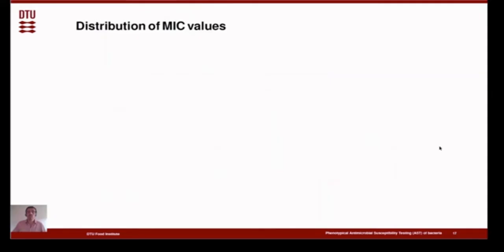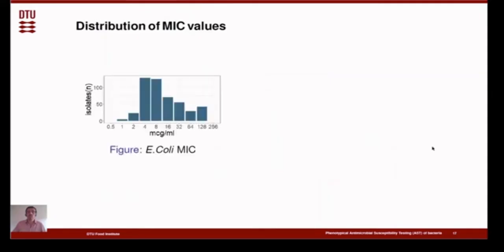So when we have a number of minimum inhibitory concentration values, we can make a distribution like this, where we have in the x-axis the micrograms per milliliter of a certain antimicrobial, and in the y-axis the number of isolates.